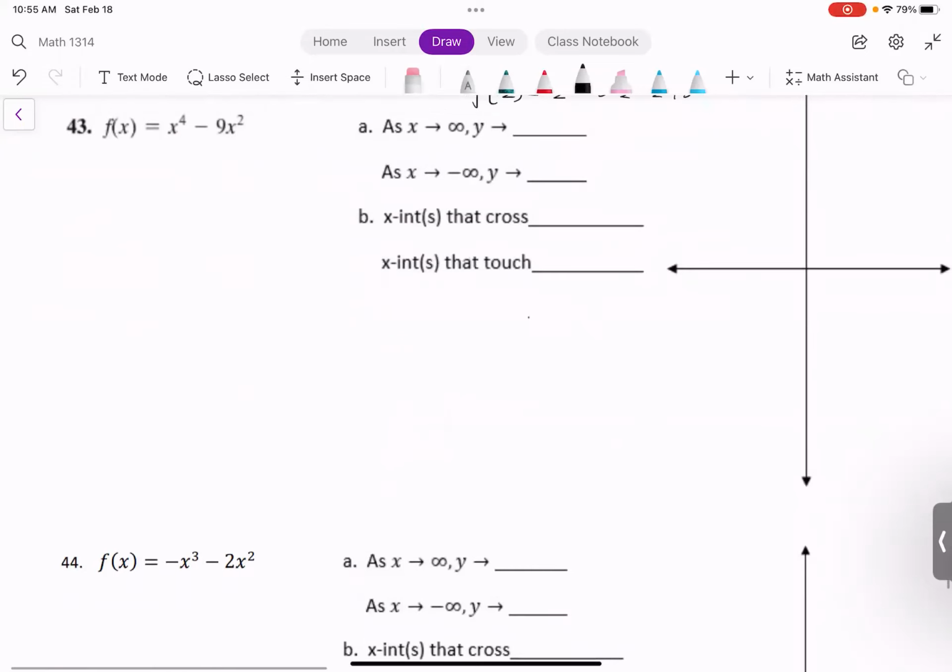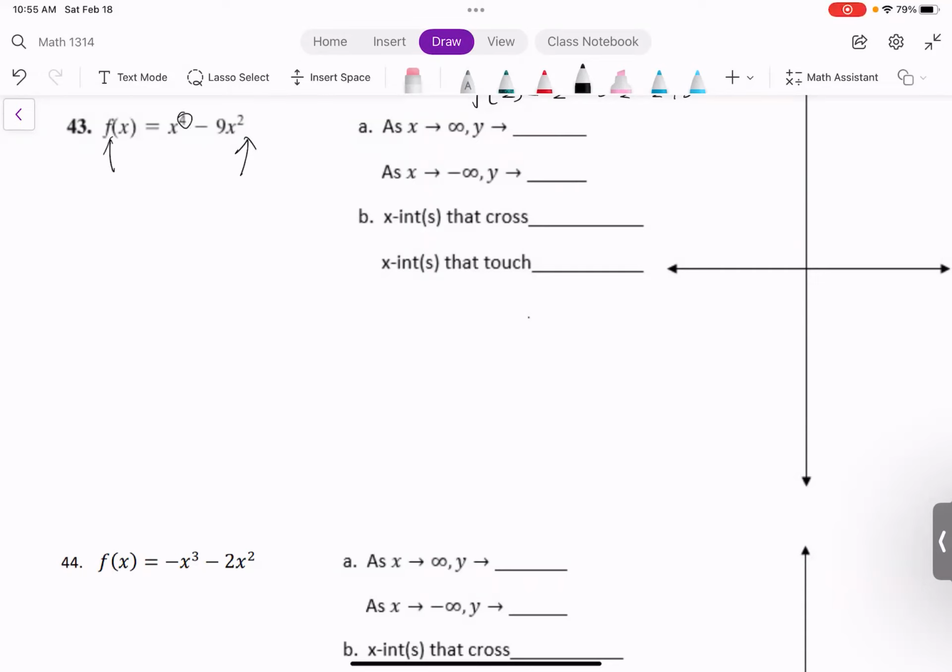This time I will write something smaller, then we have enough space. As x approaches, so first step, let's decide the behavior on both sides. Positive leading term, that means the right end is going up, and then the power is 4. That's even.